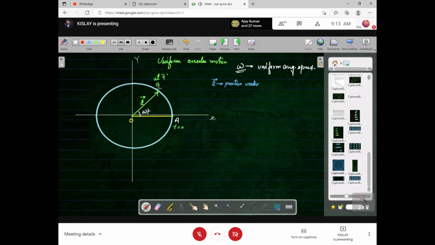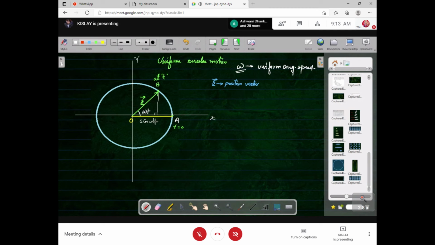Now just find the coordinate of point B. See, how can we find the coordinate? If we draw a line here, this line will be perpendicular. If this line is R, the hypotenuse is R, then the base will be R cos omega t.